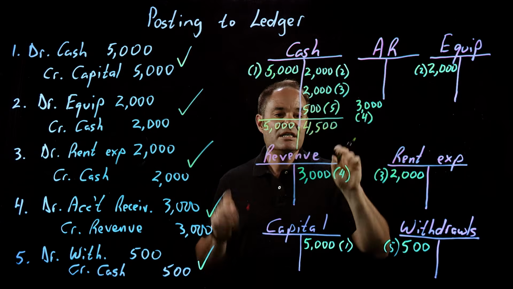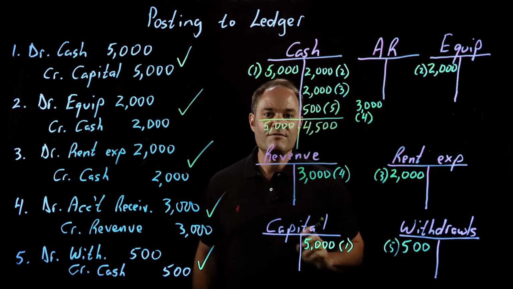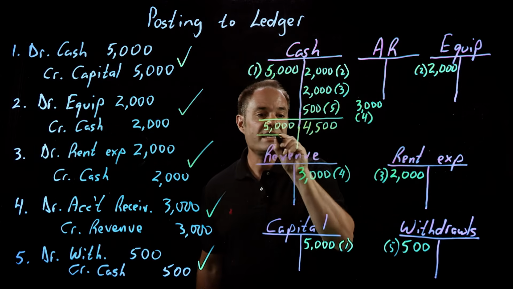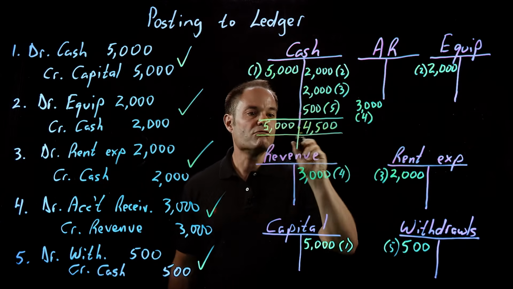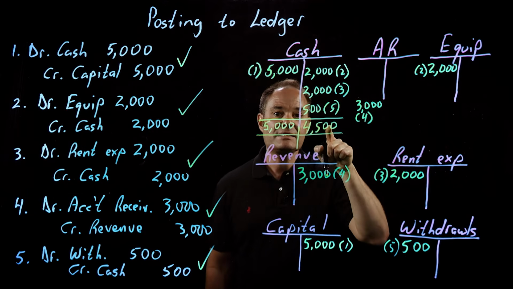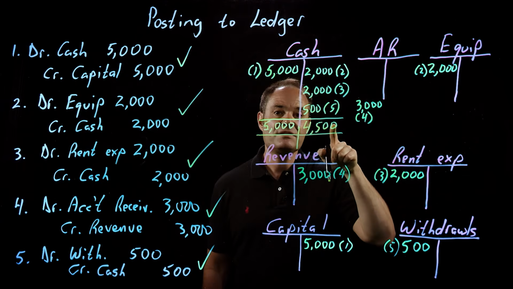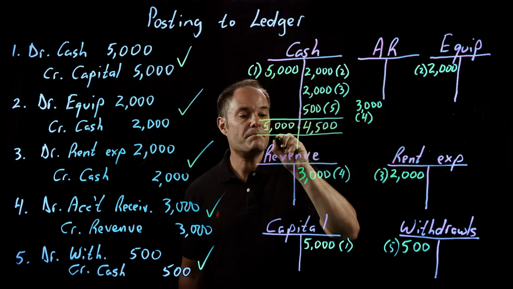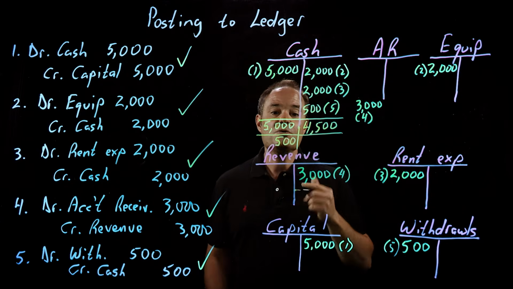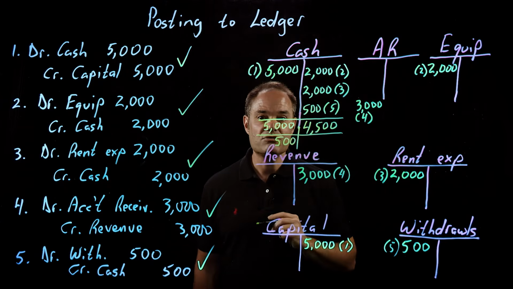And then what we do is we subtract the smaller number from the larger one. So 4,500 we're going to subtract from 5,000. That gives us a net amount of 500. And we create another line, and we write it on the side of the larger amount. So because there were more debits than credits, we have $5,000 of debits minus 4,500 of credits leaves a balance of $500 of debits. In other words, the company has $500 of cash, and we can see that very easily from our ledger accounts.